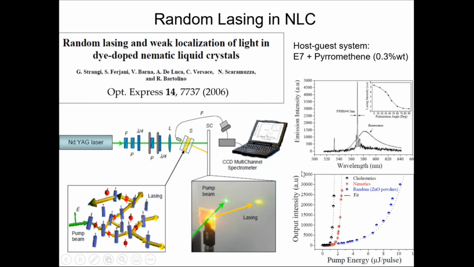in the medium, and by the natural scattering present in the nematic liquid crystal medium, they could observe random lasing using some pyromethane dye in standard nematic E7. And here you see the response of this random laser, in which they use a neodymium YAG laser doubled at 532 nanometers, and they observed the typical spectrum of a laser with a very sharp line, as you see in this graph on the top right.